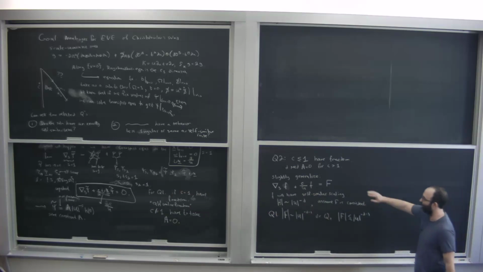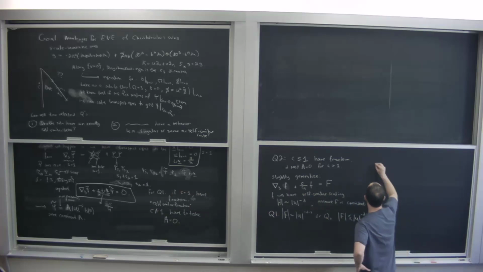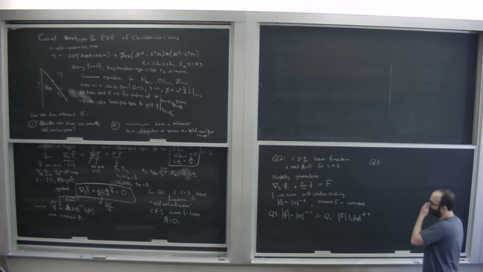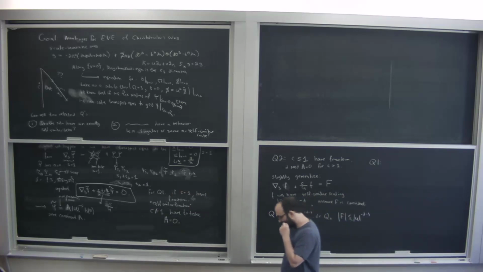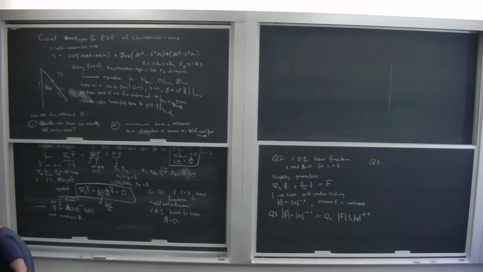I'll get to putting this F because there's a slight complication that can happen. So again, let's look at question 1. Question 1 is kind of interesting. Let me just see the best way to write this.